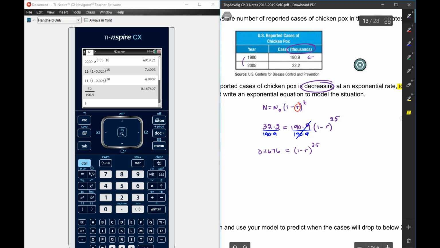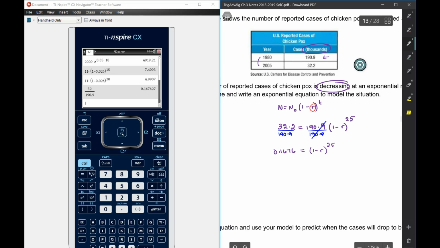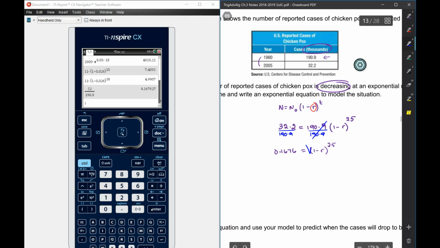Now, how am I going to get rid of that exponent 25? You have to go back to your algebra days. So you have to do the root, but it's the 25th root. Luckily we can do that with the calculator.